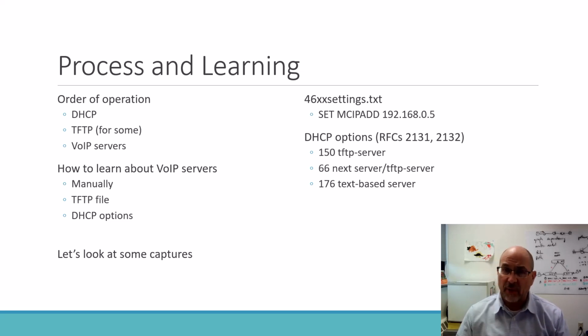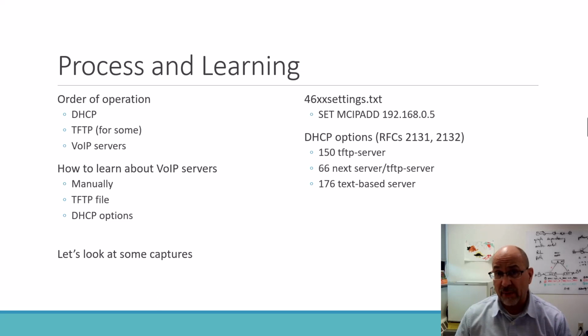Another common way that we have is with a TFTP file. So if you're doing Avaya, for example, you might download the information about the server and also lots of other configuration items for the phones via something called the 46xxsettings.txt file. Now that's just one example, but the point is that you're bringing a text file across to the phones from a TFTP server.